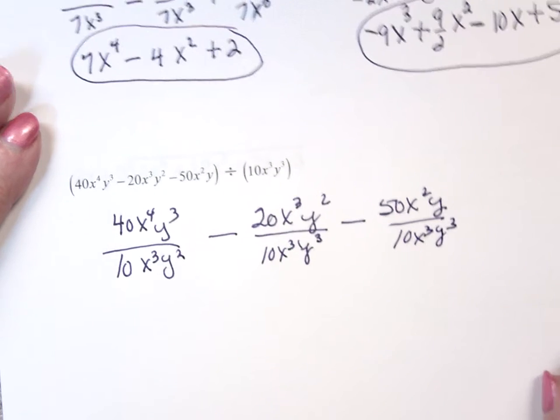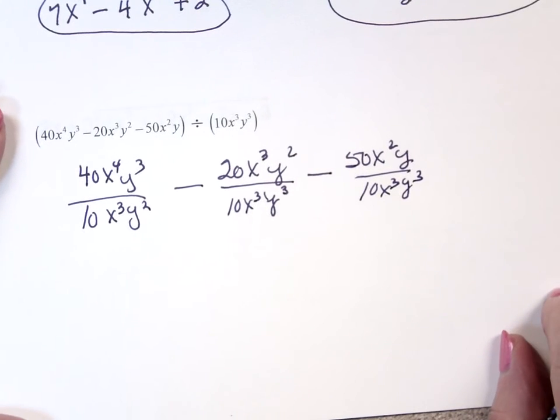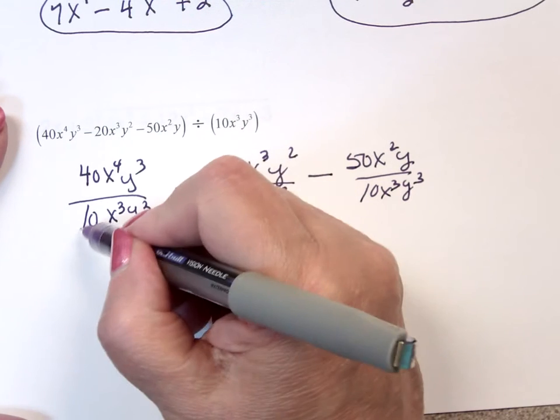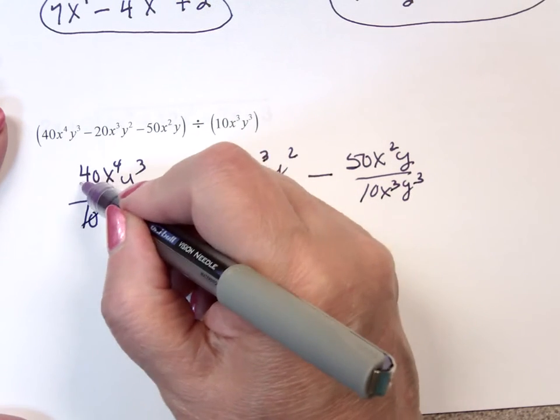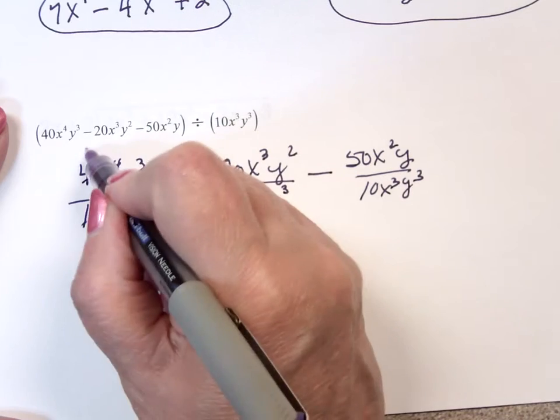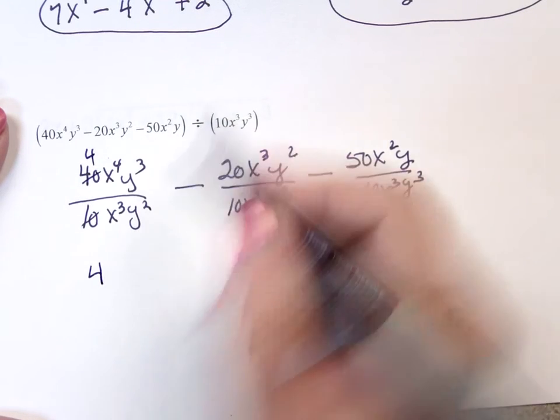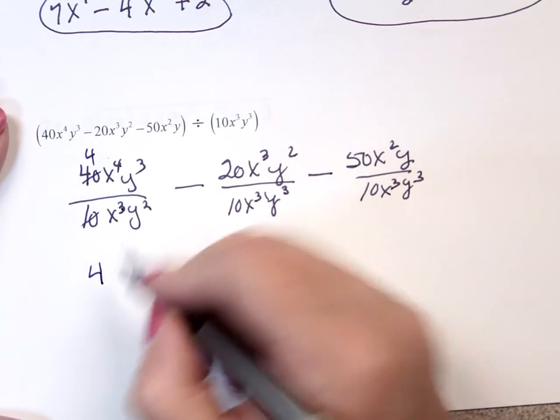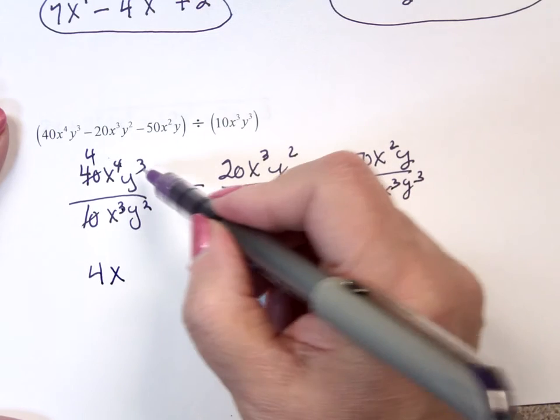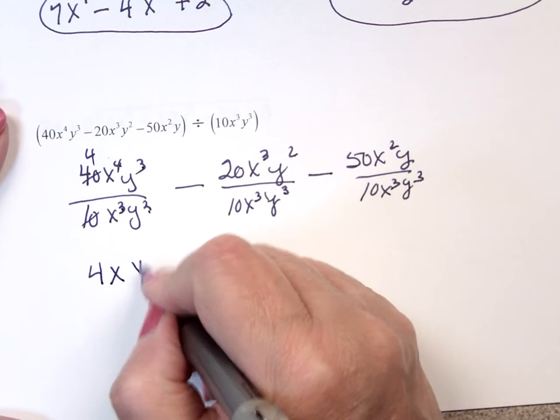Now this is where you have to be very, very careful. 10 divides 40 4 times. So that's fine. x to the 4th, x cubed is an x. y cubed, y squared is a y.